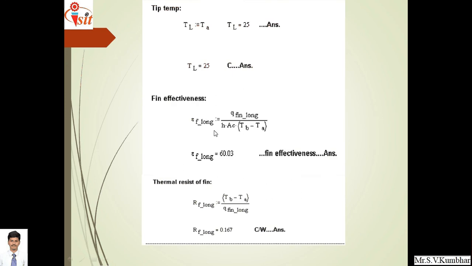Tip temperature TL will be equal to TA because at its tip the ambient temperature will be there, and fin effectiveness is given as Q long upon h Ac (TB minus TA). So its effectiveness is 60.03 and its thermal resistance is given as (TB minus TA) upon Q of long fin, that is 0.167 centigrade per watt.